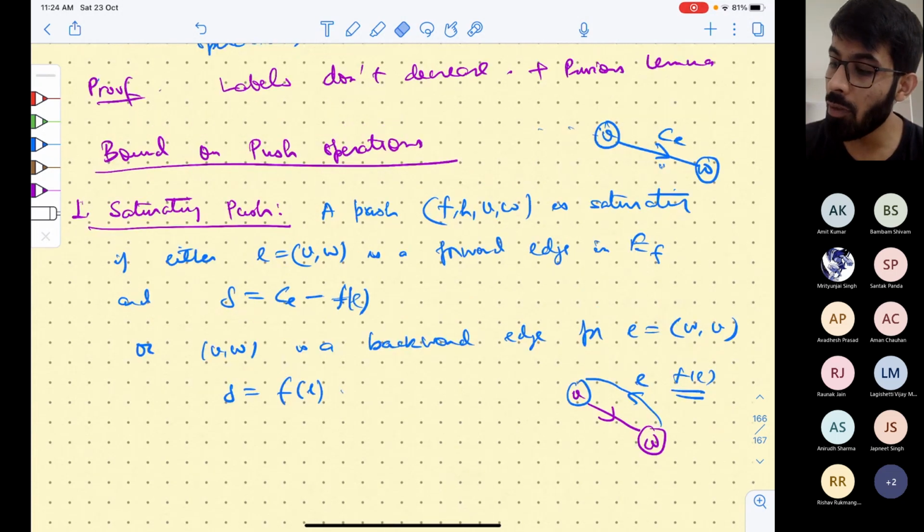In the forward edge, we push flow equal to c(e) on this edge, so the flow value becomes c(e). And in the backward direction, it becomes 0 for the edge e. So what does that mean? Is there something common between these two?